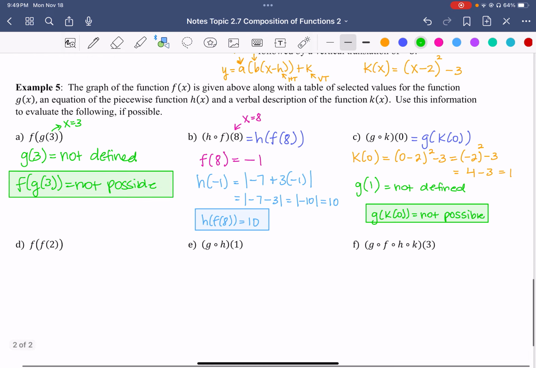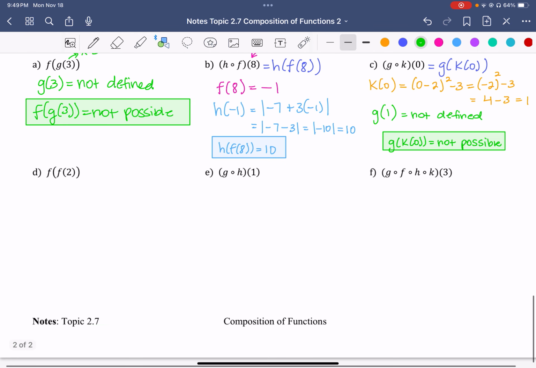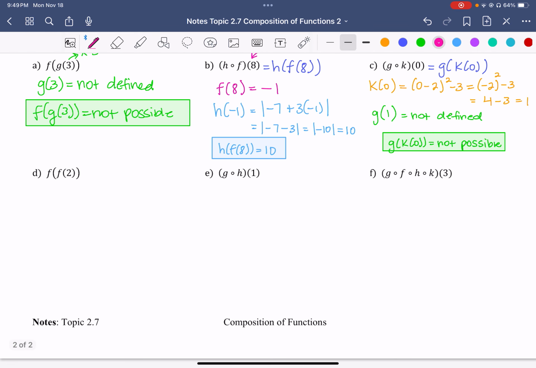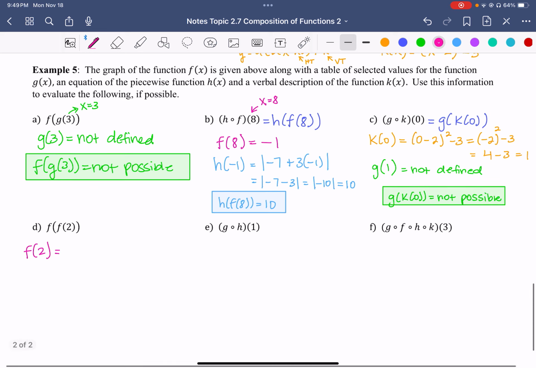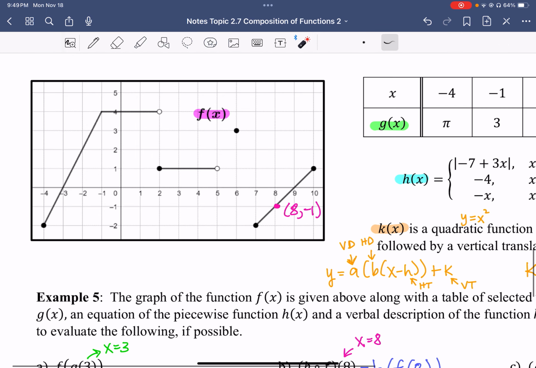Okay, let's try letter D, f of f of 2. Starting with the inside function, which is f of 2. Remember that x equals 2, so I'm going to go to the graph where x equals 2. Now, notice that at 2, there are 2 points, but one of them is open and one of them is closed.